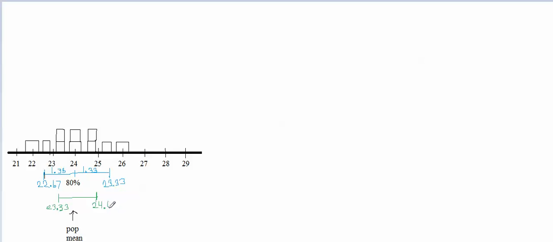And I said that the 60% margin of error was just the distance from the population mean of 24 to these two boundary points of the middle 60%. And this distance right here and here were both 0.67. Sorry if this is small, but these two numbers both say 0.67.